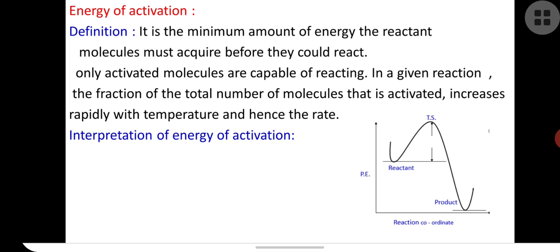The amount of heat evolved during the reaction will be equal to the difference between the energy of product minus the energy of reactant. It is generally denoted as EP minus ER and it is equal to delta E.